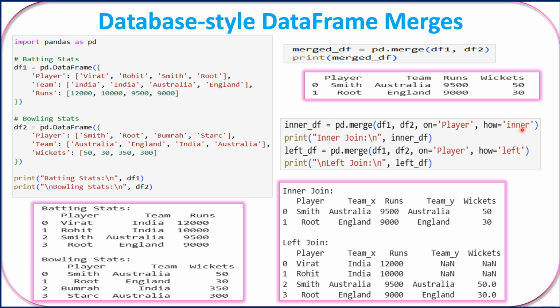And if it is left, it is entirely based on the first data frame. So it is player, team X and runs, and you'll have the team Y and wickets here. Since I don't have any values for Virat and Rohit in the second data frame, it will be NaN values, and the remaining will have the entire data.